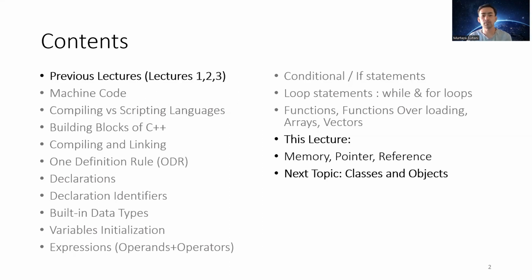In the previous lectures, we talked about machine code, decompiling, and scripting languages, and their differences. We talked about the building blocks or elements of code, and C++ particularly. We talked about compiling and linking, where we may have errors related to each.